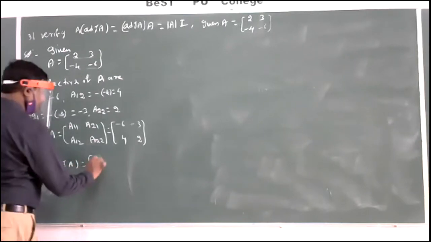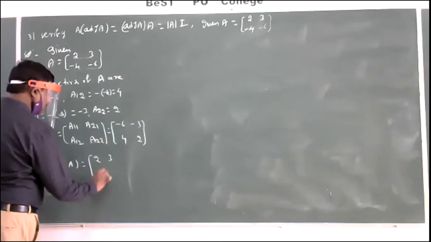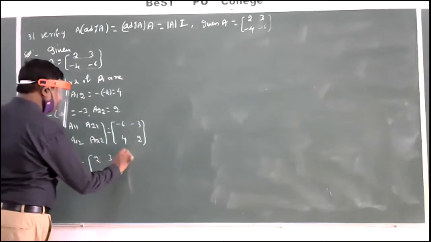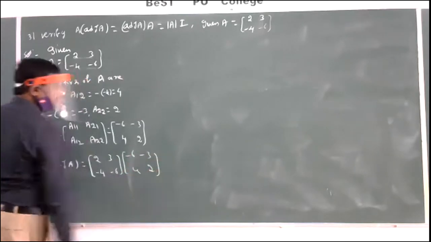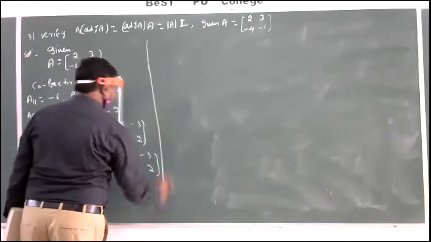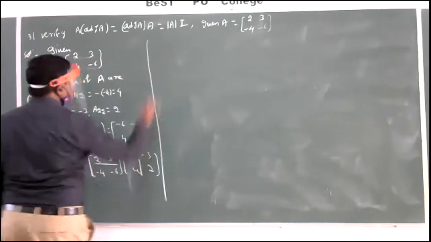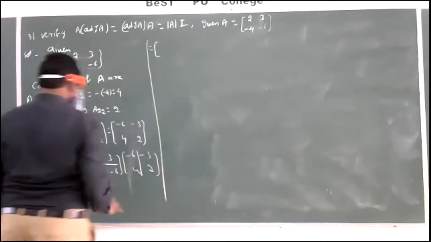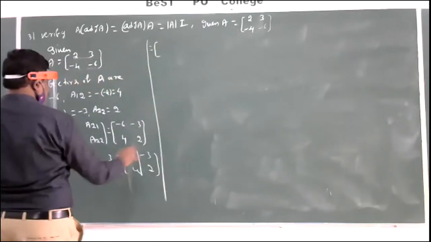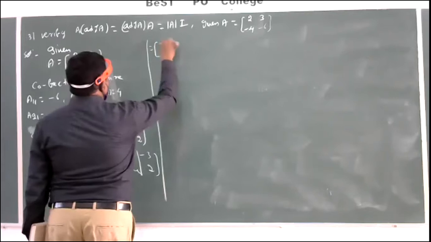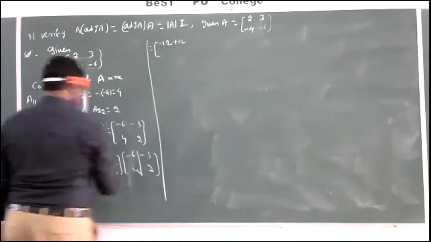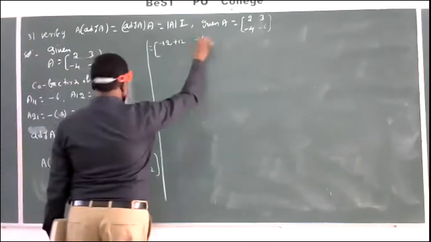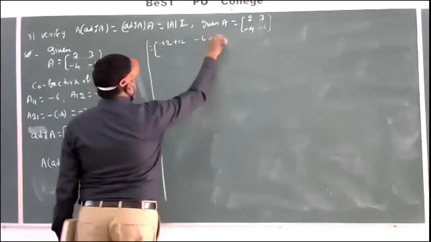Now, A into adjoint A: [2, 3; minus 4, minus 6] into [minus 6, 4; minus 3, 2]. Multiply these. 2 into minus 6, minus 12; 3 into 4, 12; 2 into minus 3, minus 6, plus 6.